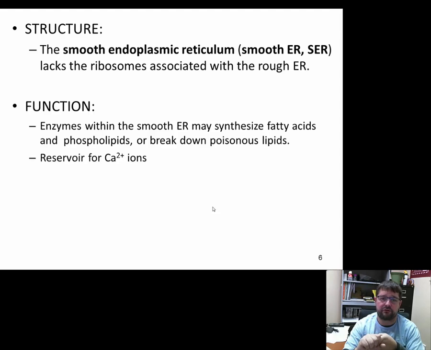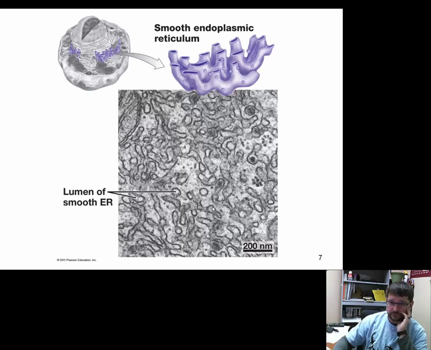It also supports the storage of different types of ions that might be utilized in the production of phospholipids and fatty acids. In some organisms, it also can be associated with breaking down damaged lipids or poisonous lipids, depending on the organism we're talking about. So the smooth ER is very different than the rough ER.